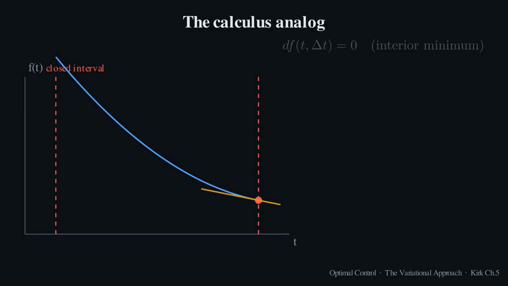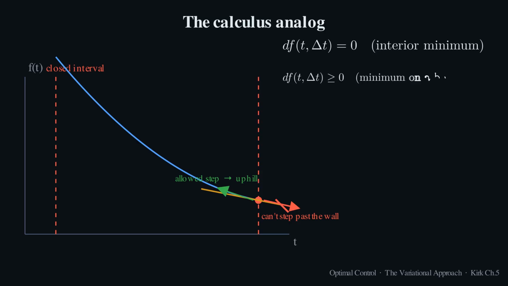But now suppose the lowest allowed point sits right on the wall, at the very edge of the interval. The curve there might still be tilted, sloping downhill, wanting to keep going. The derivative is not 0, and yet you're stuck, because going further means leaving the interval. So the condition weakens.